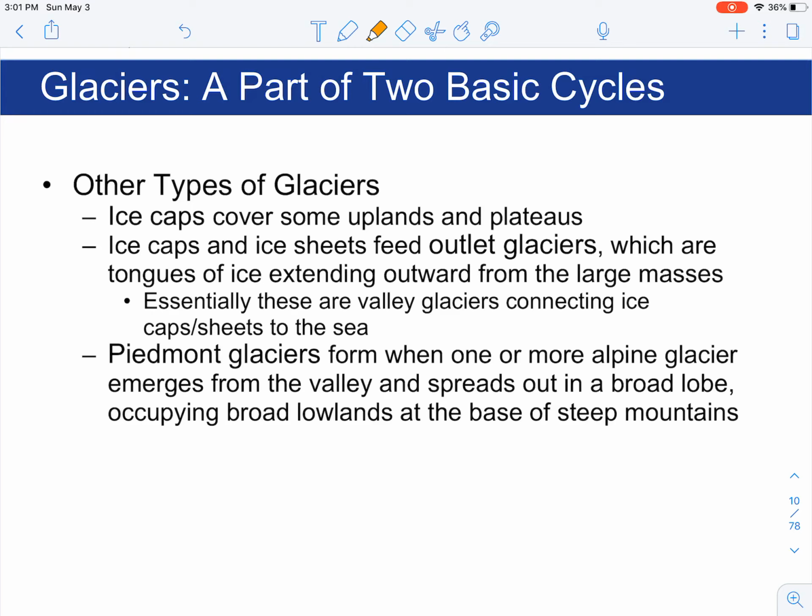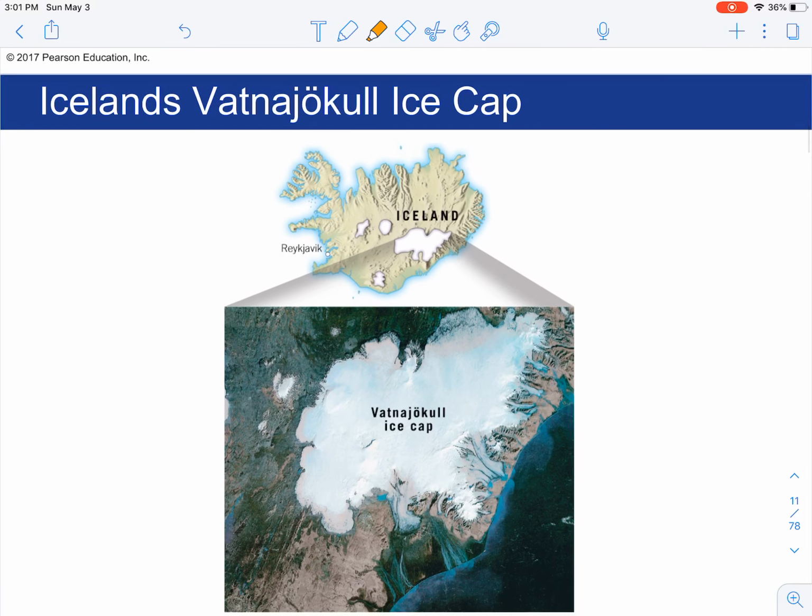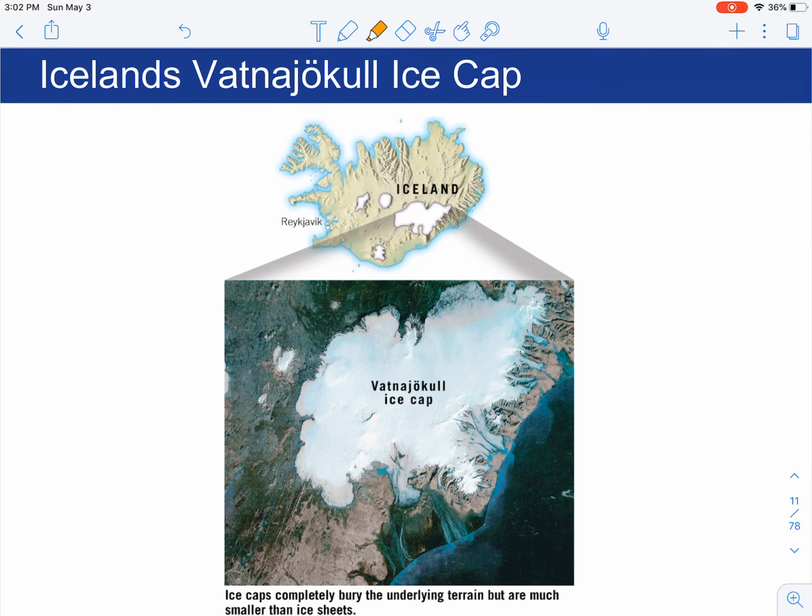I'm not going to go into these other types of glaciers so much since we only have a limited amount of time, but this is kind of a cool one. In Iceland, again, the name says that it's icy, but really there's not a whole lot of ice other than what's on the mountainous volcanic areas of the island.